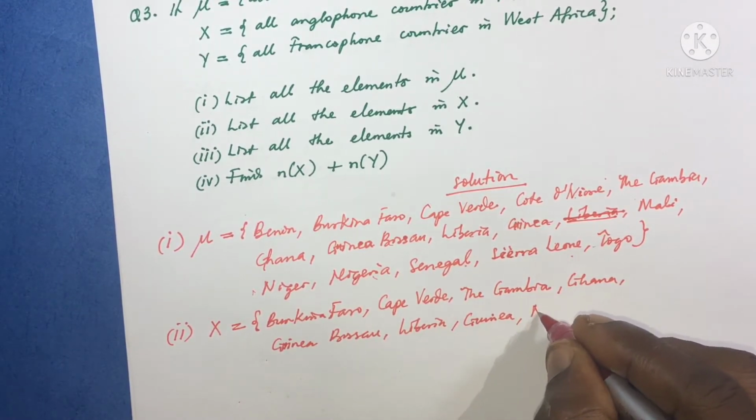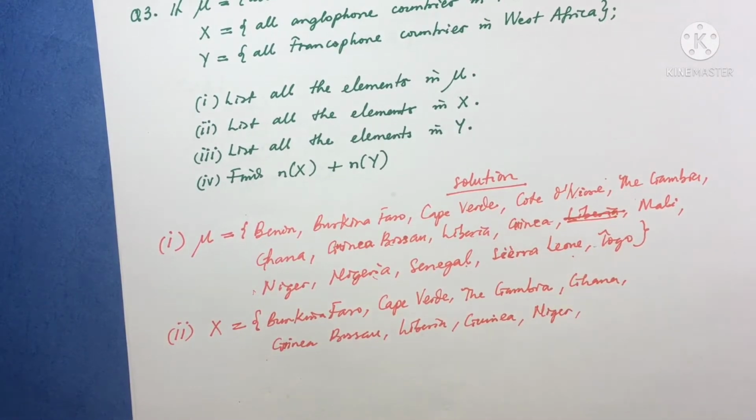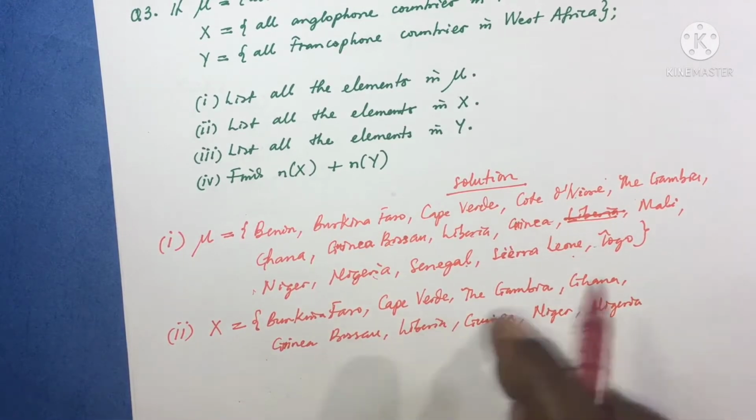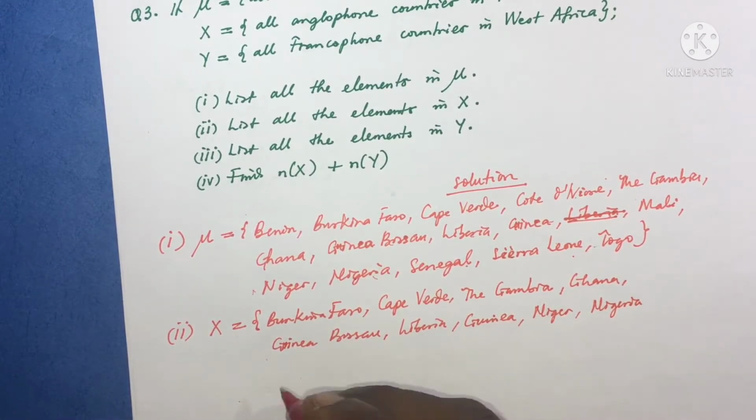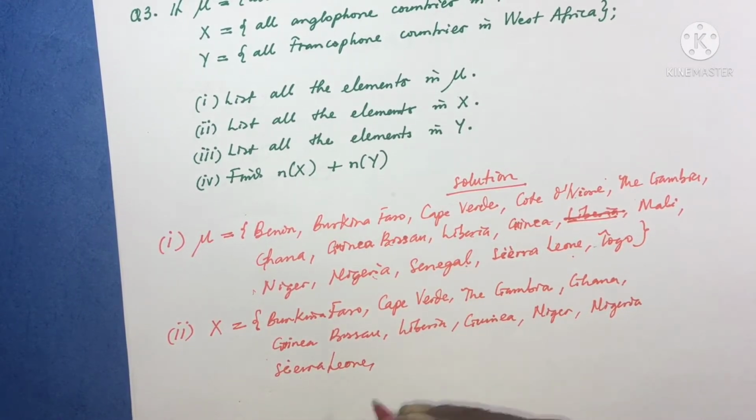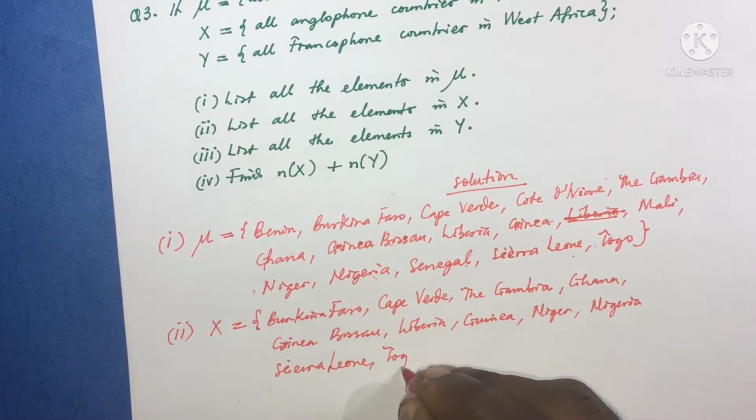I'm just going to put Niger there. I'm not sure, but Nigeria certainly is Anglophone. Senegal, no. Sierra Leone is there, Anglophone. And then Togo, well, I'm going to put them as Anglophone, okay?